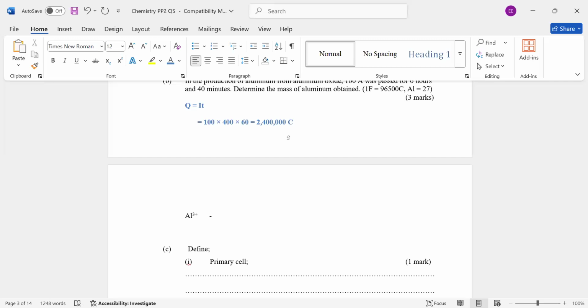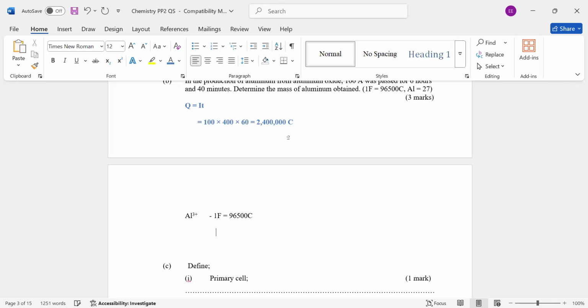We look at this and we say, just 1 Faraday from what has been given is equivalent to 96,500 coulombs. But remember, if we have aluminium ions, the total number of electrons that we're going to have is not going to be 1, but we are going to have 3 of them.